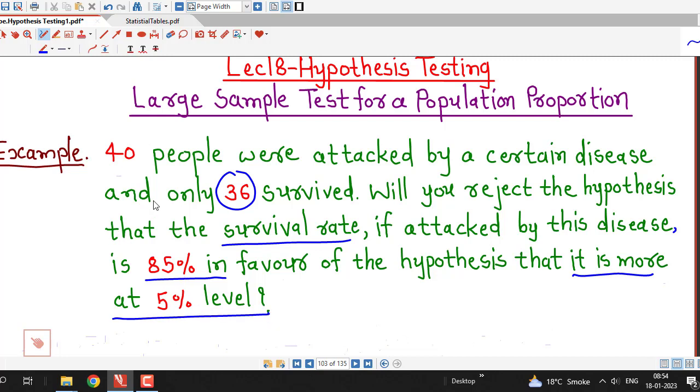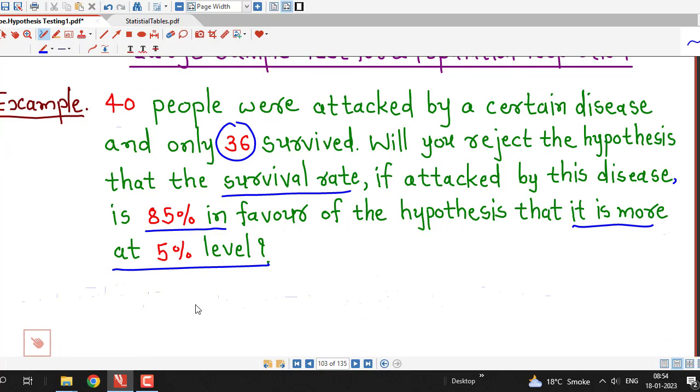So here we are given the information of people who survived after attack by a certain disease, and they are making this statement: will you reject the hypothesis that the survival rate is 85% in favor of the hypothesis that it is more at 5% level?